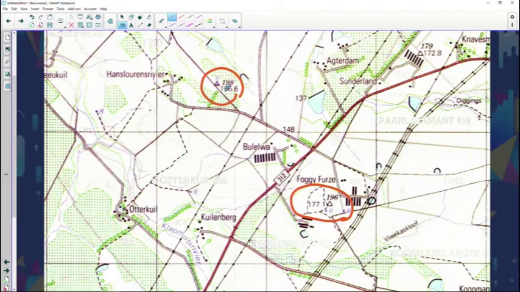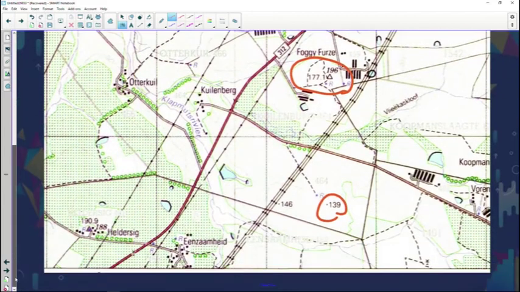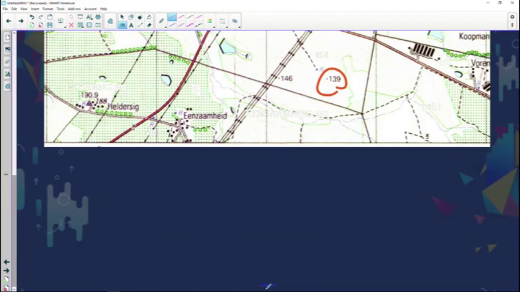The bold italic number is the trig beacon number. It's not the actual altitude. It's 156.6 meters. If you look at trig beacon 196, it's 177.1 meters. Now let's quickly continue on the bottom of the page.